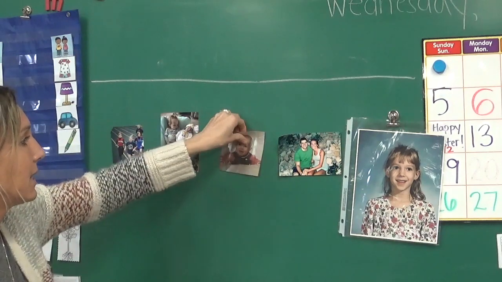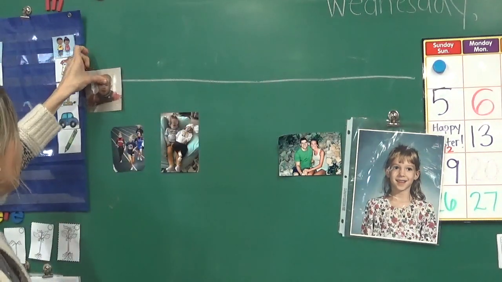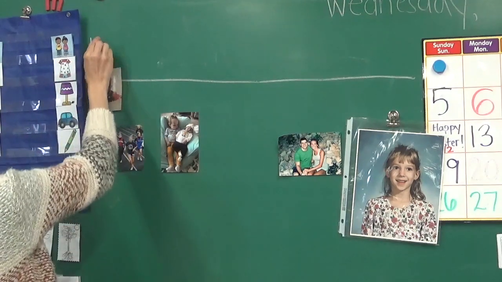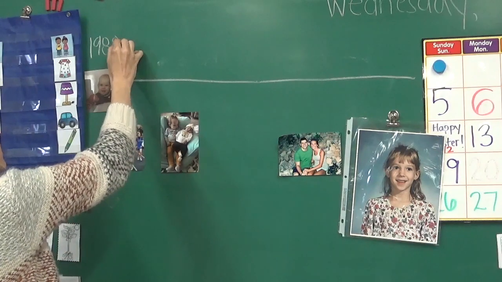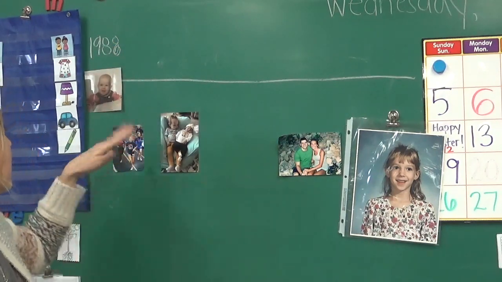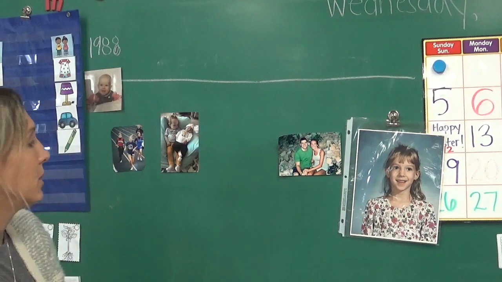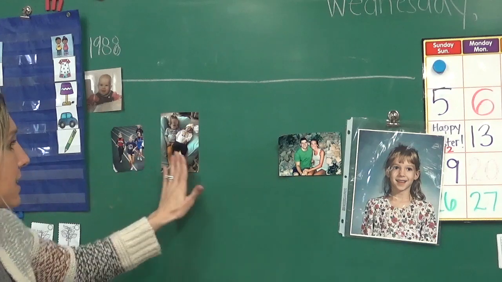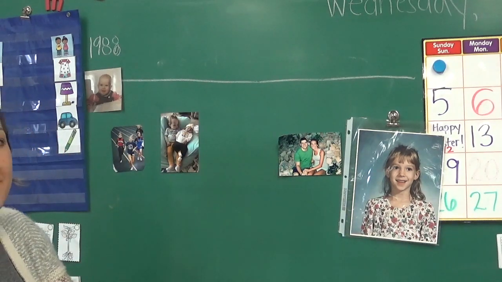Of course, this one here when Mrs. Manac was just a baby. So this would have been the year 1988. So we're going back about 31 years. And which picture would have happened next then on our timeline?